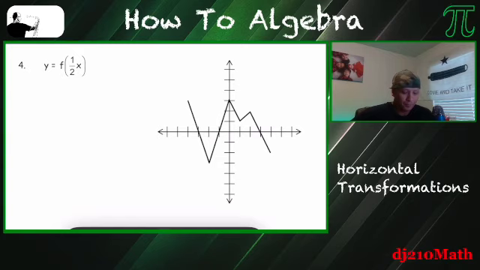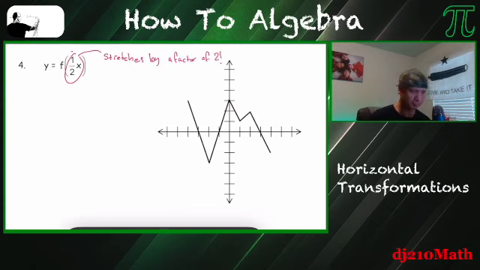All right, number 4. If multiplying x by 2 shrinks or compresses it, then multiplying by 1/2 will surely stretch it. Again, you've got to think opposite. So every x value will get multiplied by 2, and the y is going to stay the same.